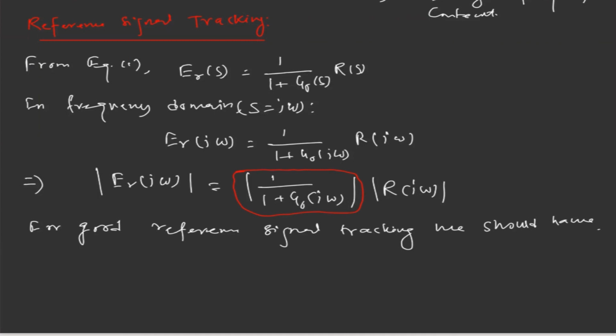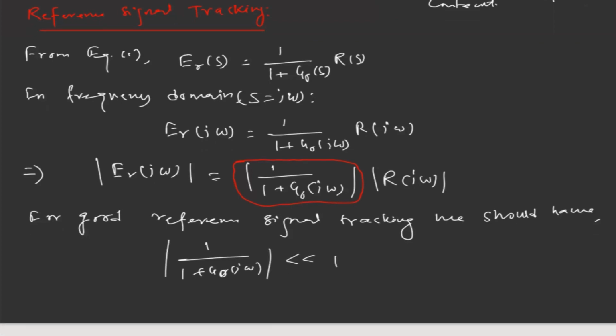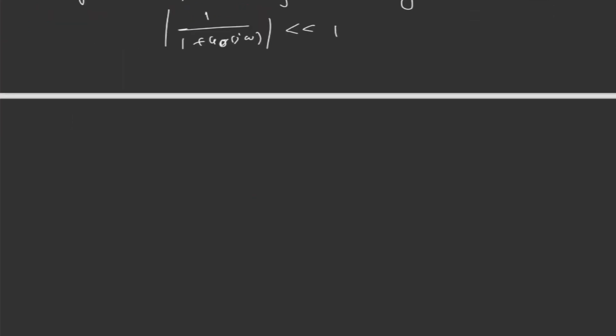We should have 1 by 1 plus G naught j omega be a very, very low value. For this, to satisfy this condition, we need to have G naught j omega be a very high value.